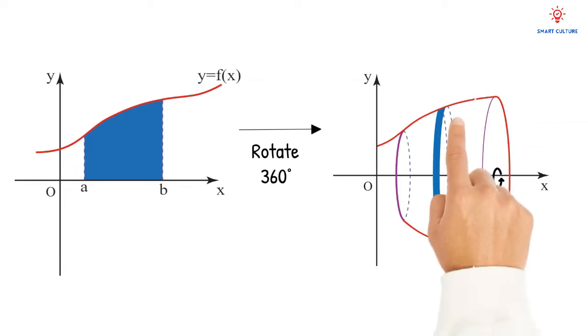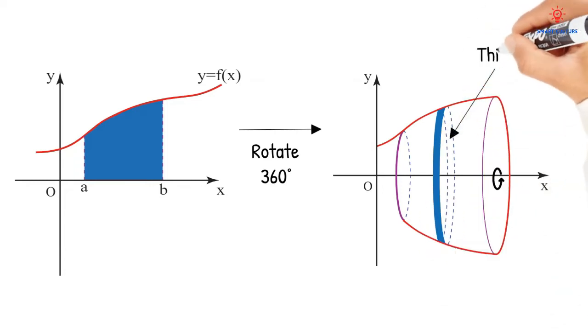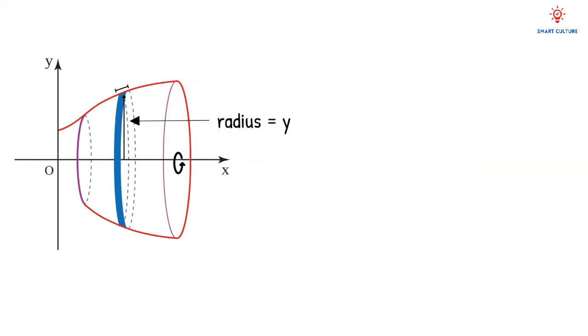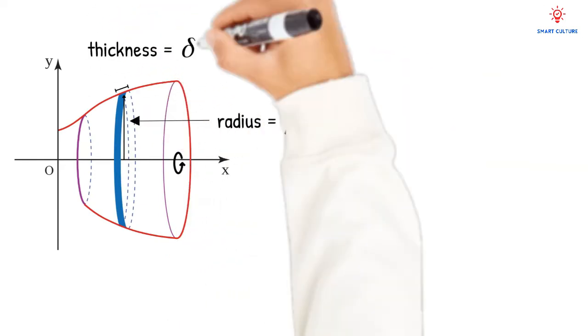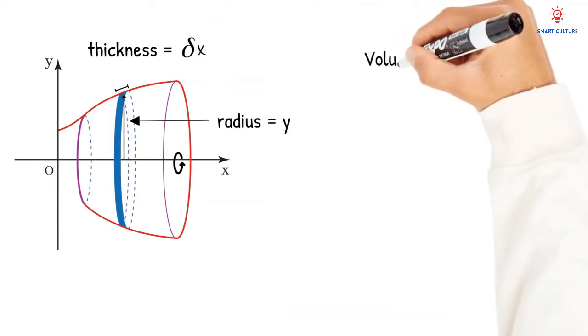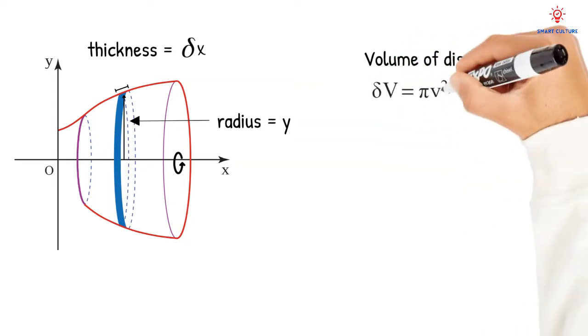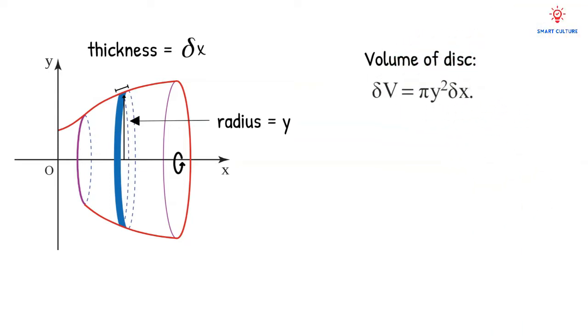Let's imagine that the solid can be sliced into thin disks. If you take a look at this disk, you'll see that it is more or less cylindrical with radius y and thickness delta x. So that means the volume of this thin disk can be calculated by using the following equation: delta V is equal to pi y squared delta x.